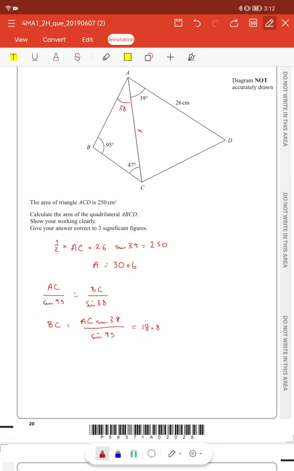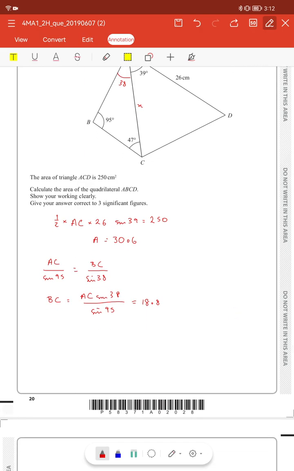And now we can find out the area of the second triangle, ABC, which would be a half times AC times BC times sine 47, which would give us 0.5 times 18.8 times 30.6 times sine 47, about 210.